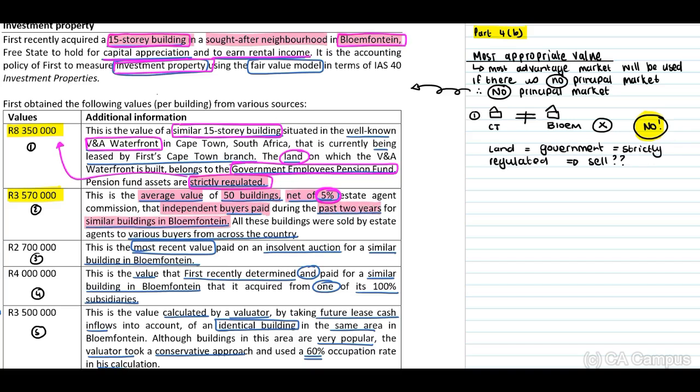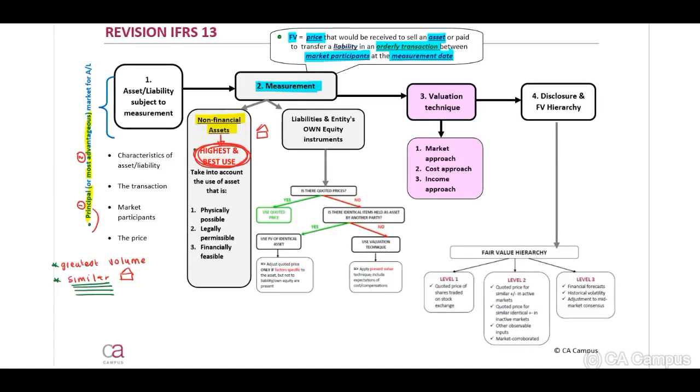in Bloemfontein. This is important, guys. For similar buildings, yes. Independent buyers, yes. Remember, when you think about your fair value, here at the top, it's the price that would be received to sell an asset in an orderly transaction between market participants at the measurement date, right?